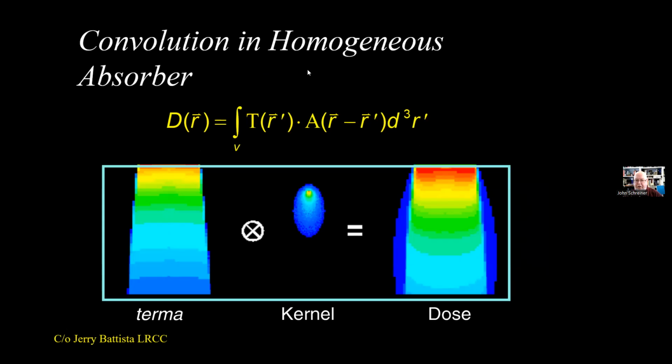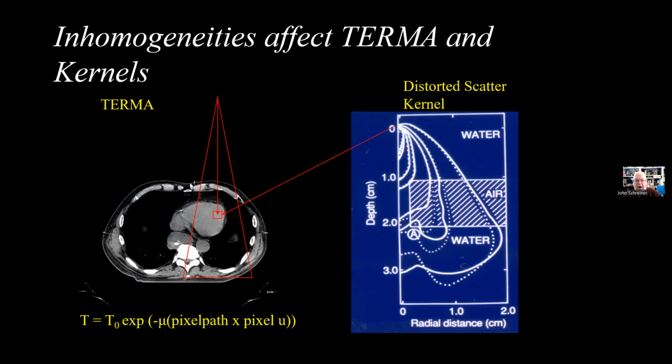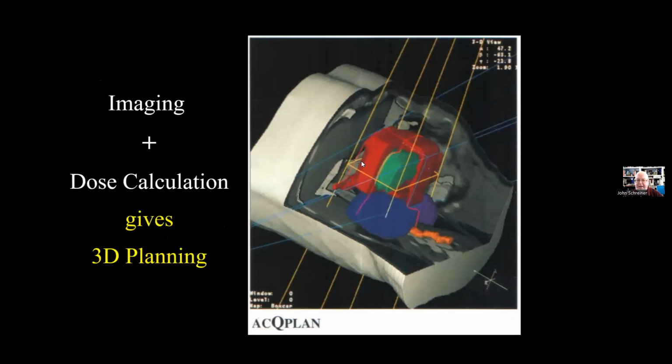It's a convolution calculation that gets done on the CT scan. The CT scan gives where the interactions will happen, and the doses are calculated by summing all of these convolutions together, and one then gets a map of the radiation dose that would be delivered when this beam comes in.